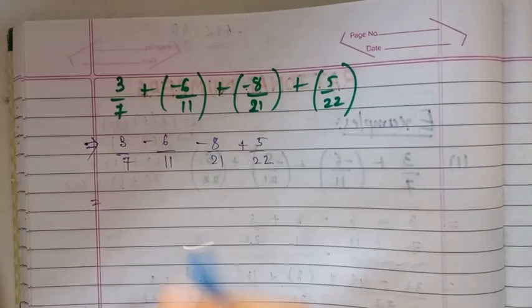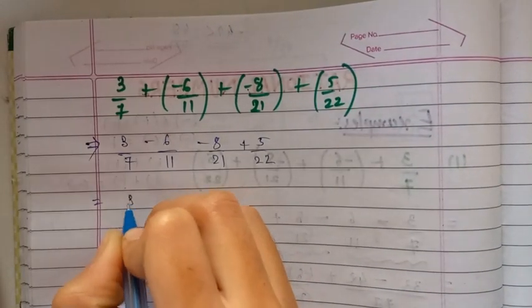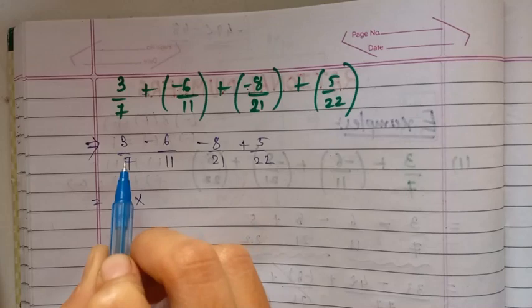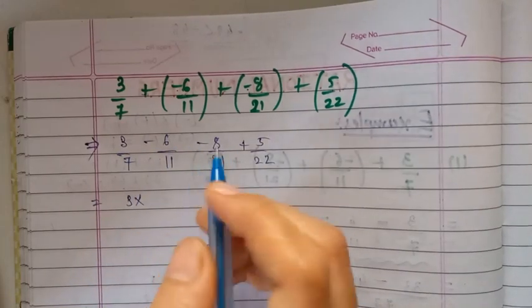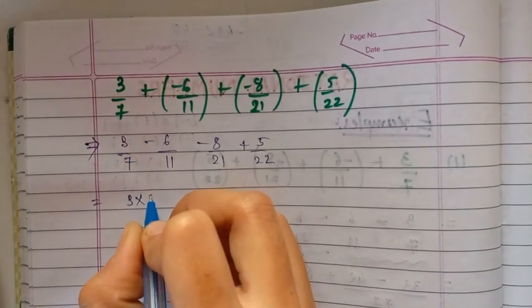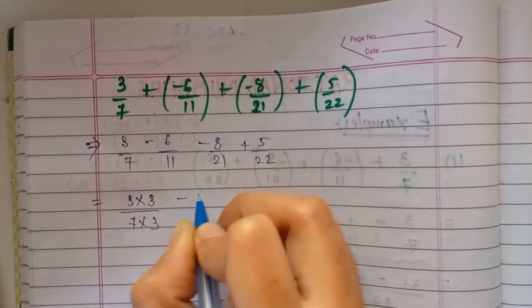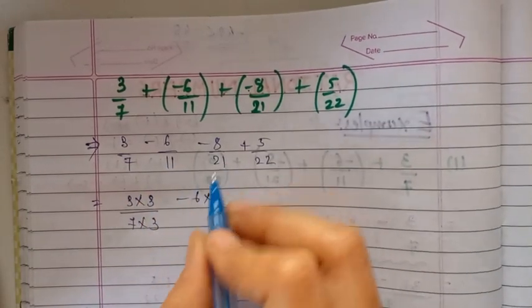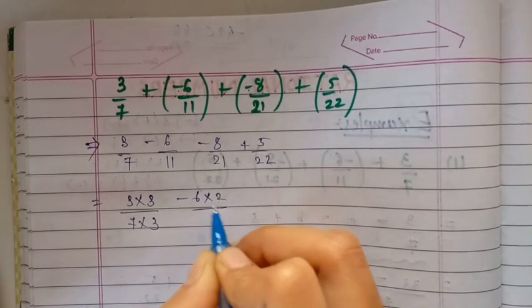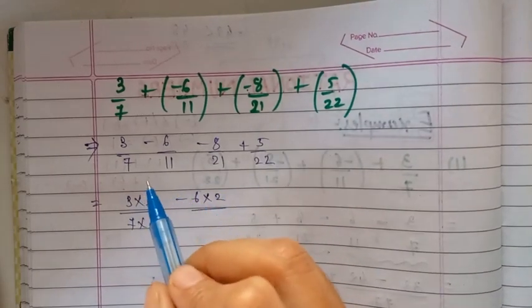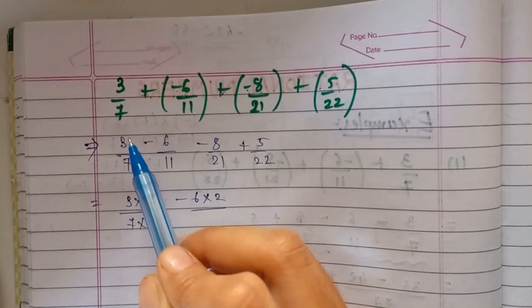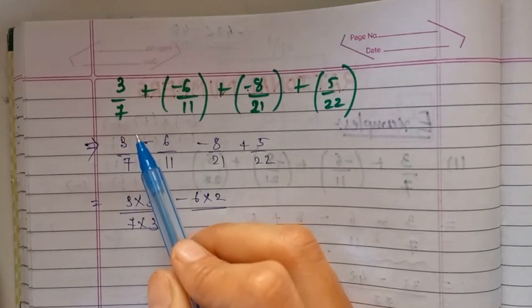So let's do that. Convert this 7 into 21: for that we multiply and divide by 3, 7 into 3. Now for this 11, we multiply and divide by 2. Our main number can't be changed.